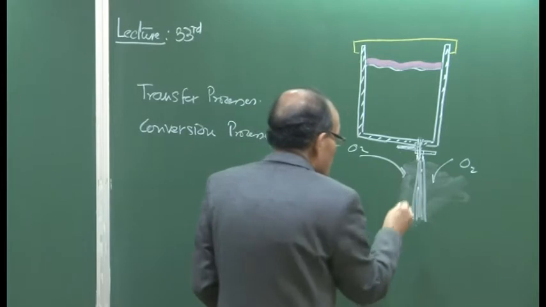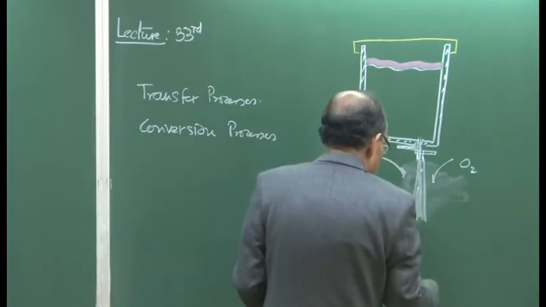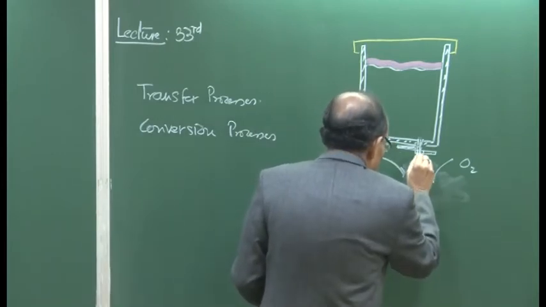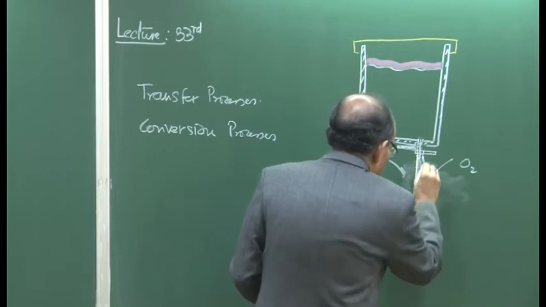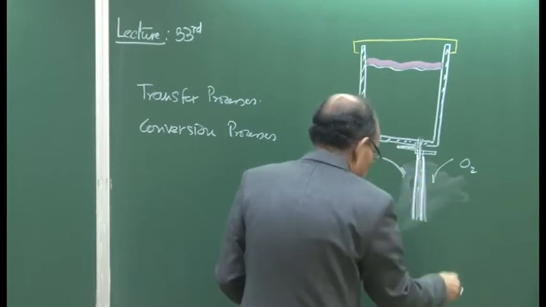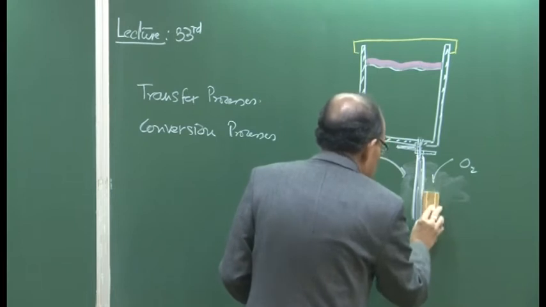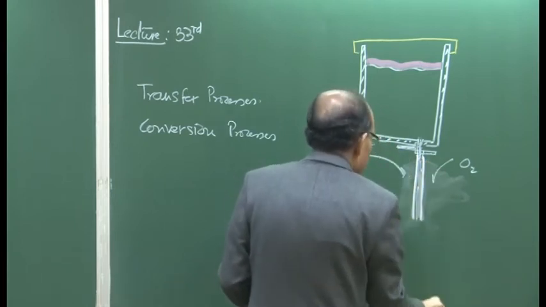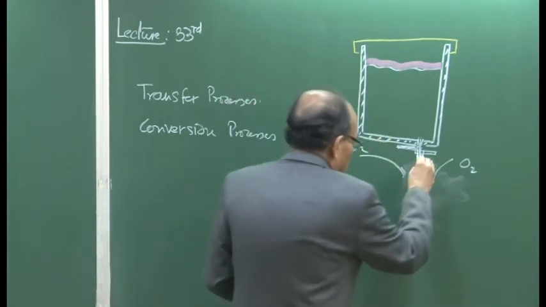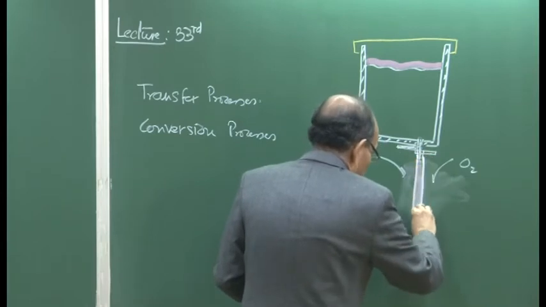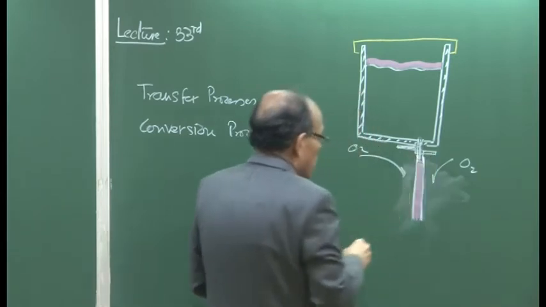So, the ladle shroud basically allows us to transfer steel from the ladle to a vessel which is downstream.